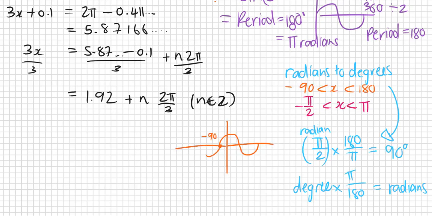And then our 180, of course, it's been squished by a factor of 3, so it's not going to be exactly where we would normally expect it to be. If this was 360, we divide 360 by 3. It's now going to end on 120. So just to give you a little idea of how that looks graphically.